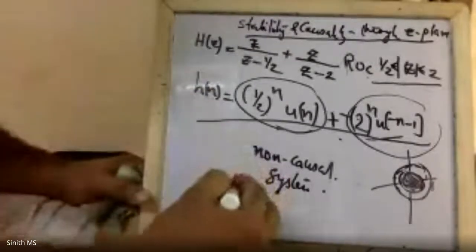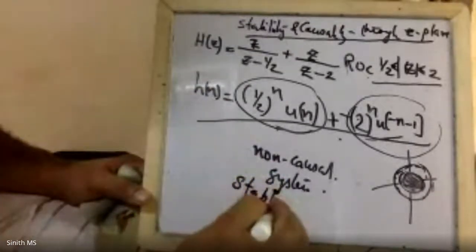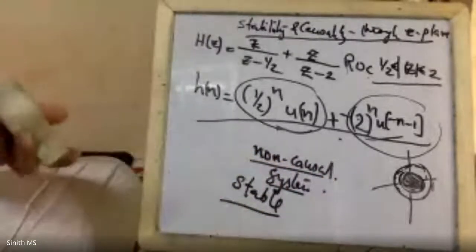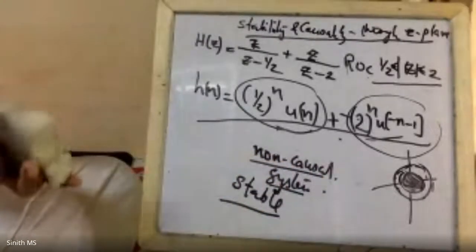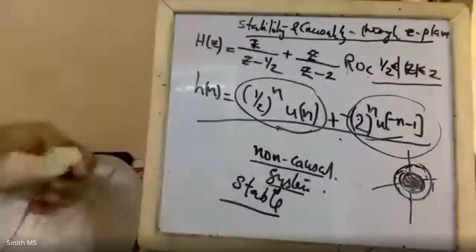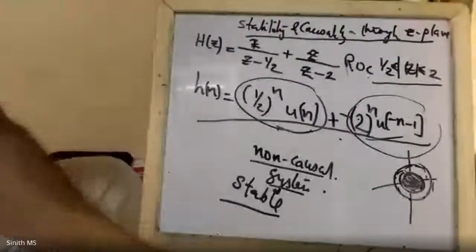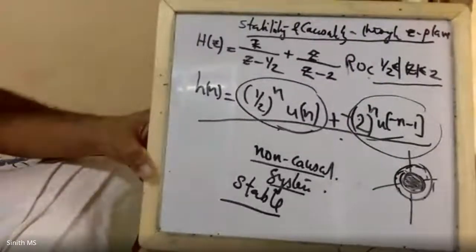So this system is stable but non-causal. Is that clear? So depending on the ROC, you can determine whether a signal is causal, non-causal, etc. Hope you understood it. Okay.